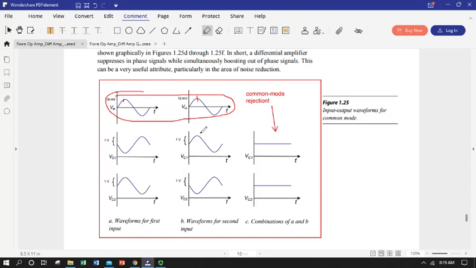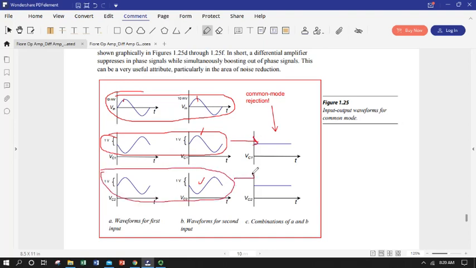And we've got the opposite for the collector output voltages due to the second input because they are reversed. If we combine these collector outputs due to both inputs, they cancel.